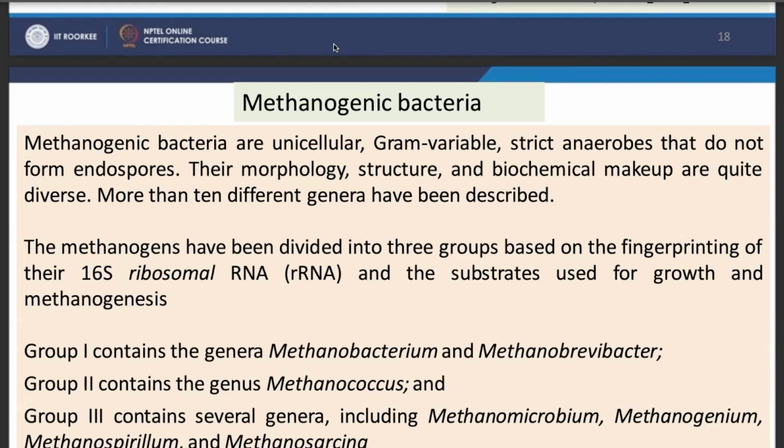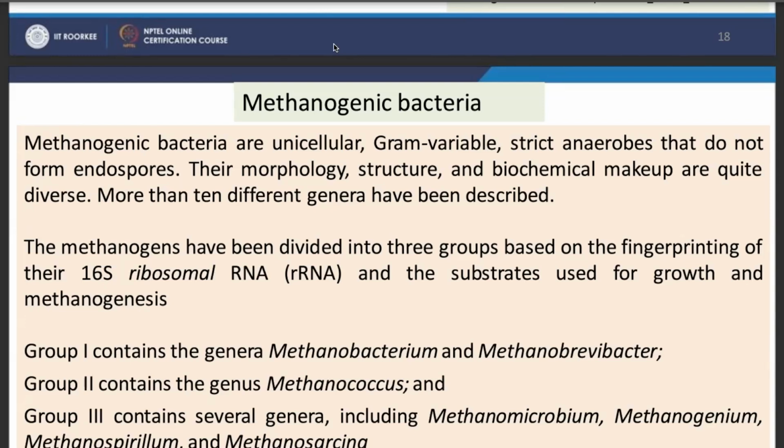Gram variable. Gram variable means that we have a staining technique called gram staining. It divides microbes into two categories, that is, gram positive bacteria and gram negative bacteria. The bacteria which are able to retain the color of the original stain, or the gram stain, are called gram positive, and the bacteria which lose the color of their original stain are called gram negative.